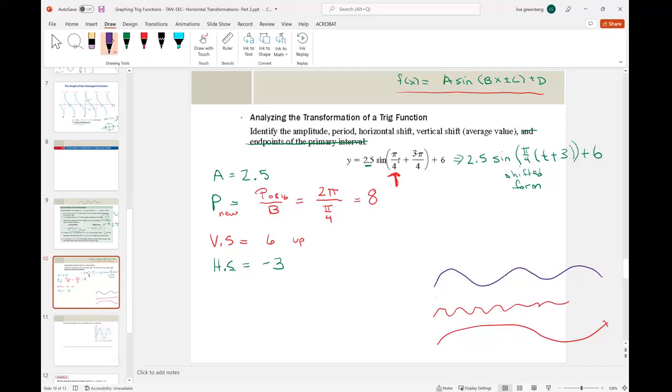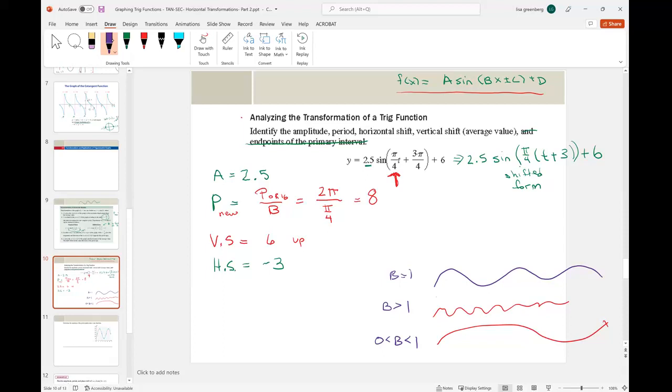The smaller the B is, the longer it gets. So this is when B is between 0 and 1, this is when B is greater than 1, and this is when B equals 1.